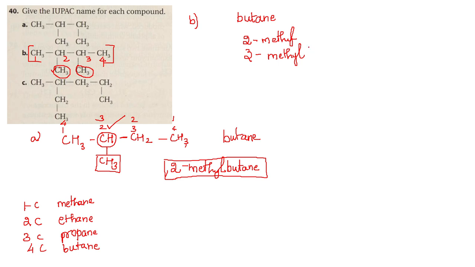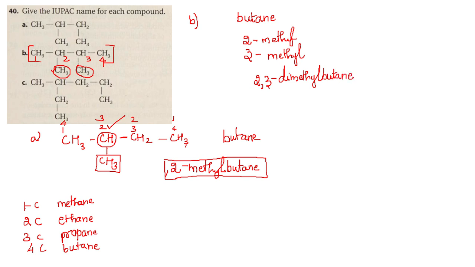Two times. So what is the prefix for 2? Di. So it becomes dimethyl. And what is the position? It is present at carbon number 2 and at carbon number 3. So 2,3-dimethylbutane.